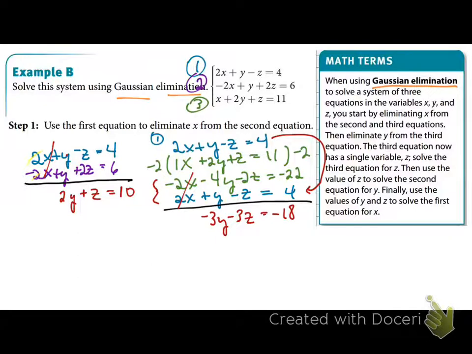Okay. So now here's what I want you to look at. I want you to look at the two red equations that we have left. You notice that they both contain a y and a z. So from this, now we have a system of two equations.